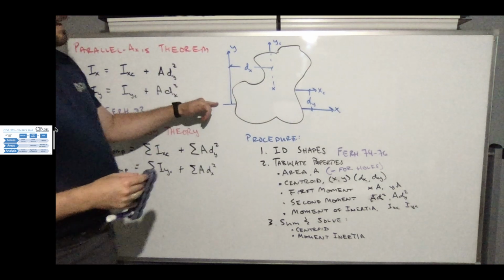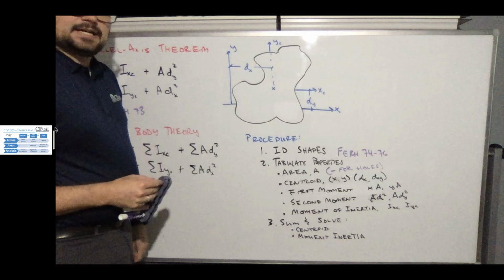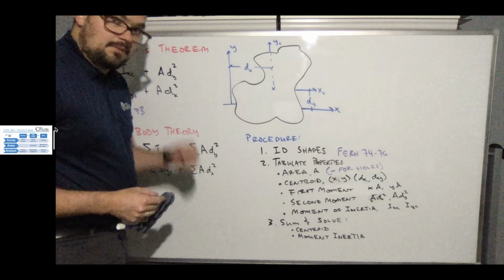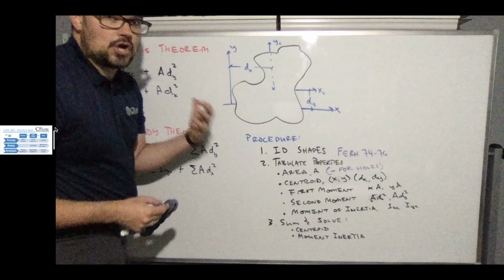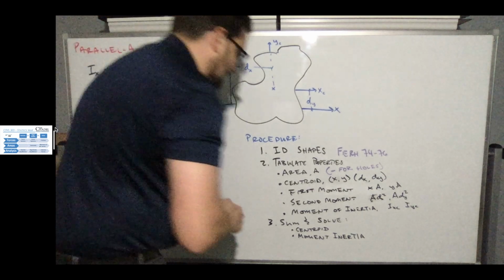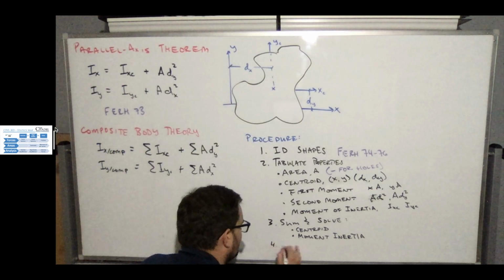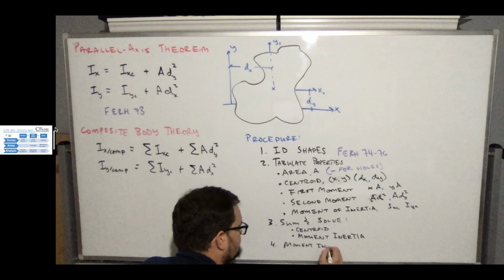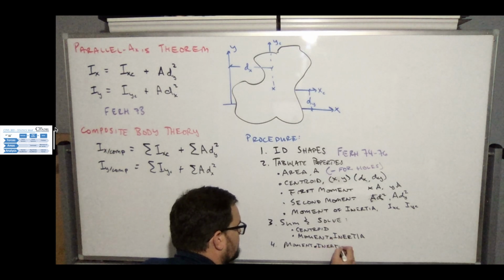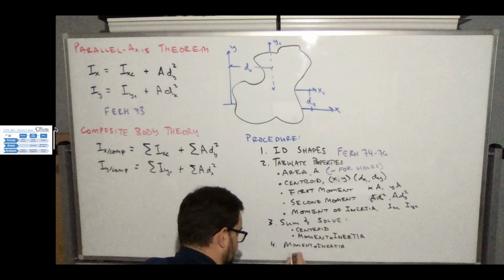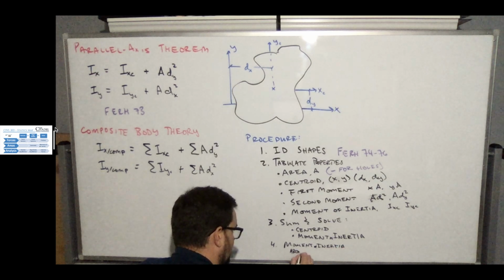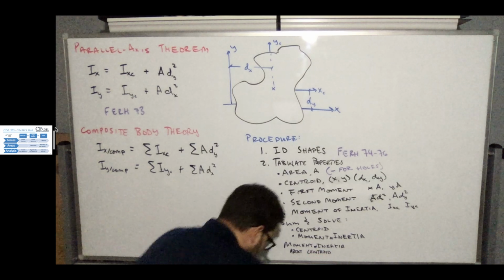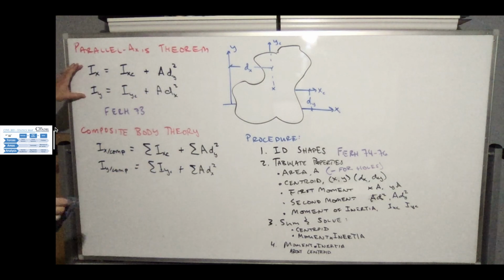But that's going to be around the x and y axis that's arbitrary. If we wanted the moment of inertia for the composite body about its own centroid, we could then back calculate the moment of inertia about the centroid using our parallel axis theorem.